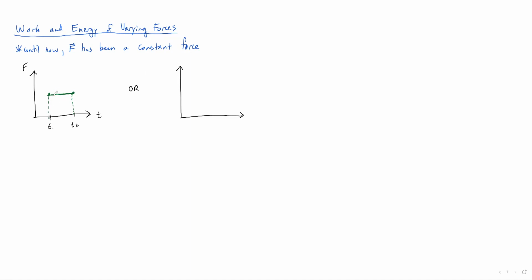It'll stay constant over time, making a square and having some value, just call it F naught.